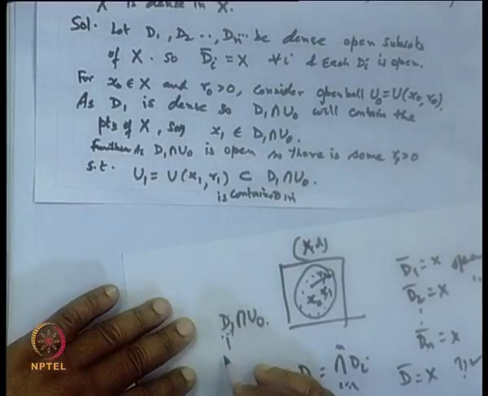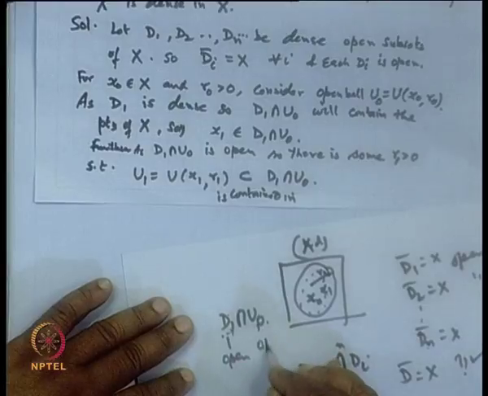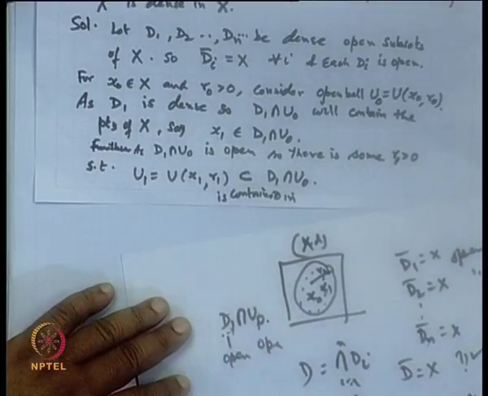Now, D1 is open and U0 is also open, so the intersection of open sets is open.